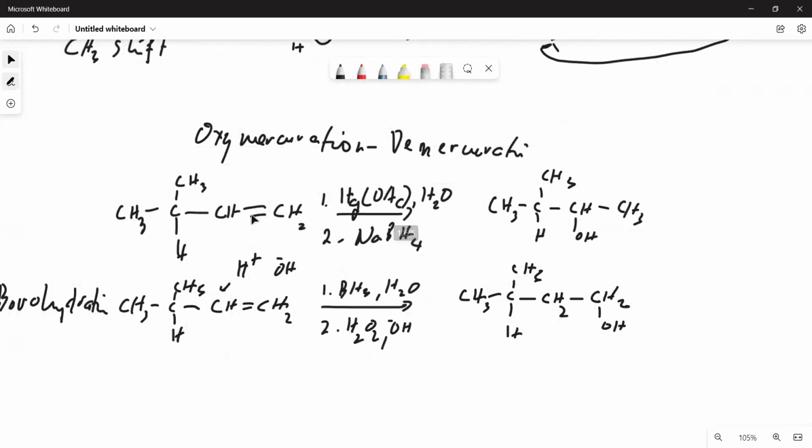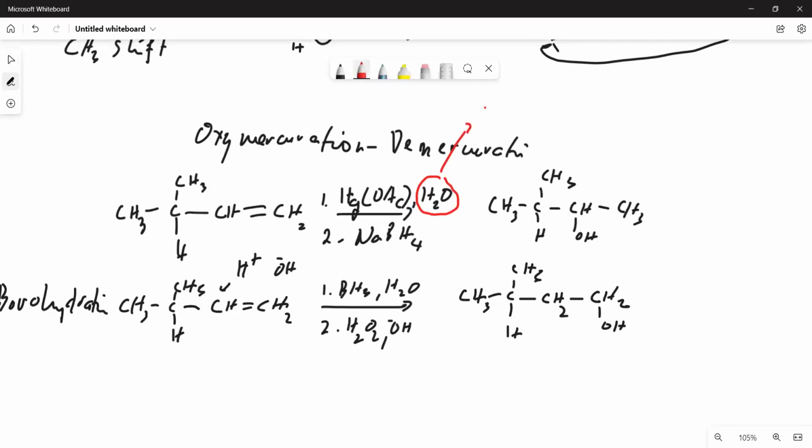Now you can also use other nucleophile class, no? Like for example, in here in mercuric acetate, we use water, no? If you're going to replace that with a different nucleophile, instead of using water, if you use water, of course, you produce alcohol.